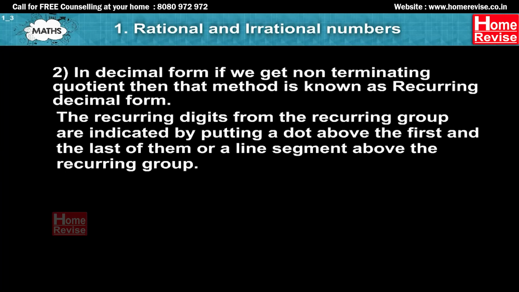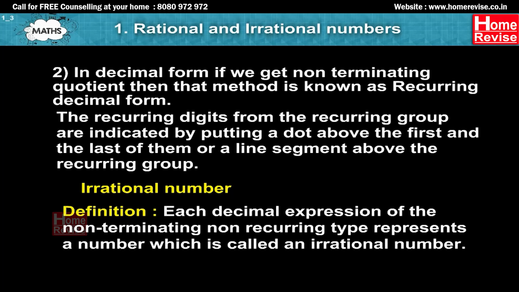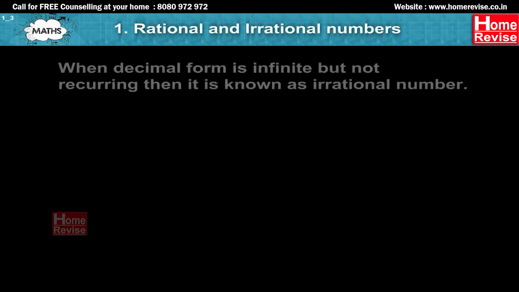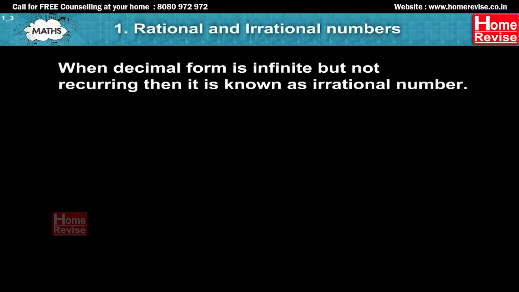Now let us see irrational number. Each decimal expression of the non-terminating, non-recurring type represents a number which is called as an irrational number. When decimal form is infinite but not recurring, then it is known as irrational number.